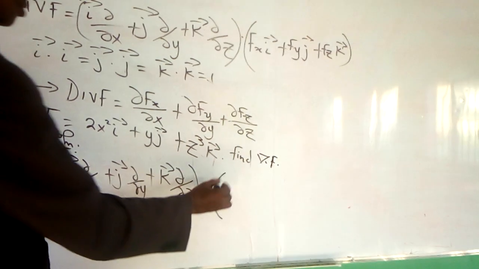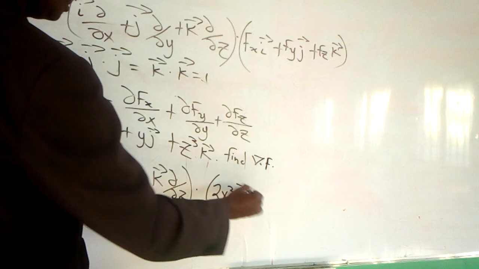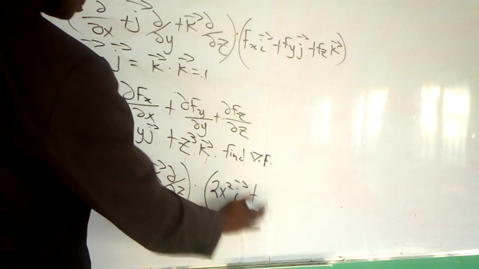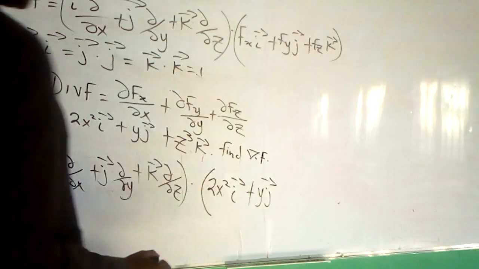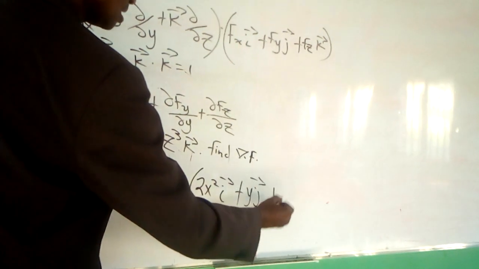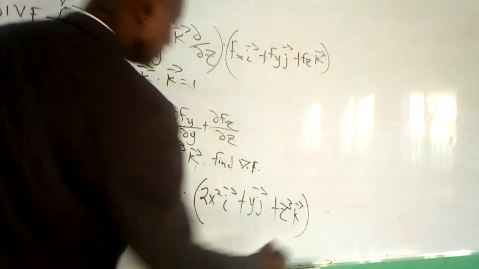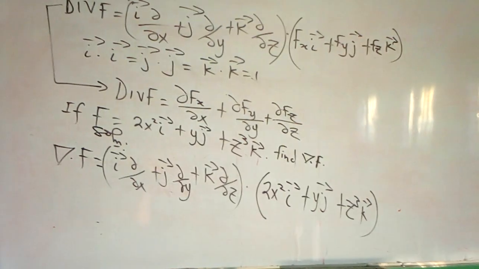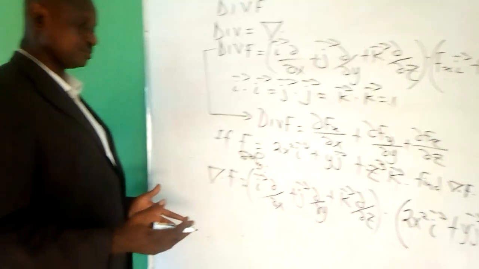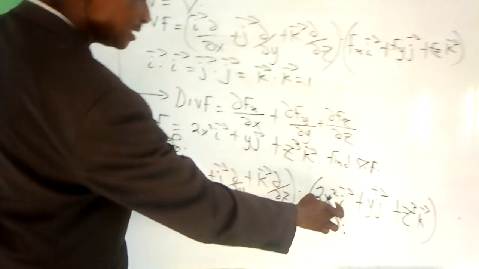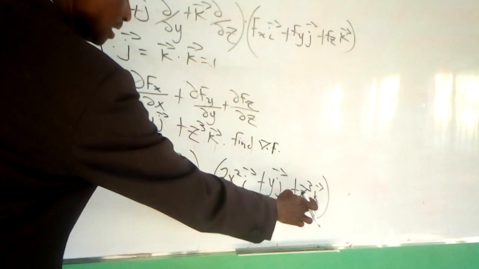The function given is 2x squared i direction plus y j cap direction plus z cubed k cap direction. Mind you, this is a dot product function. So at the end of this evaluation, take note that i dot i is 1, j dot j is 1, k dot k is 1.